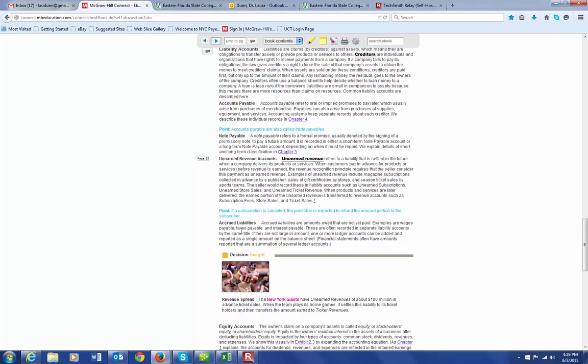Let's move down to accrued liabilities for a second, and then we'll come back to unearned revenue accounts. An accrued liability is generally, the most common one is wages payable or salary payable. Generally speaking, we don't pay somebody until after they've done the work. So if somebody works for you and gets paid monthly, then at the end of the month, you may owe them for a month's salary, but you may not pay them until the Friday of the first week.